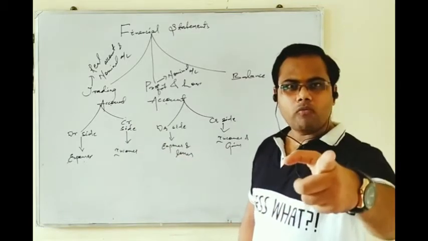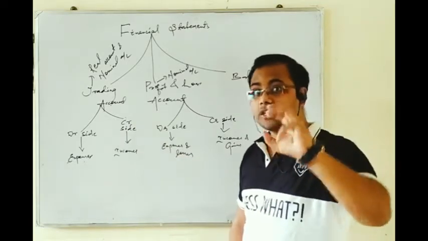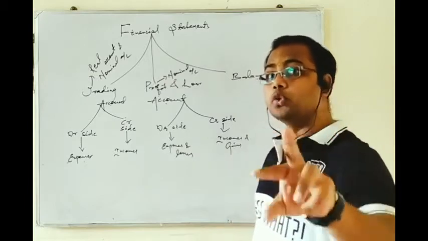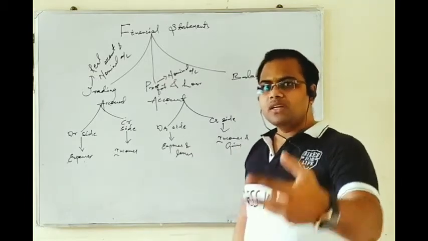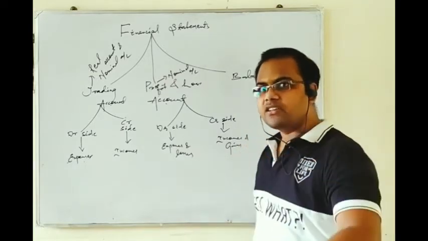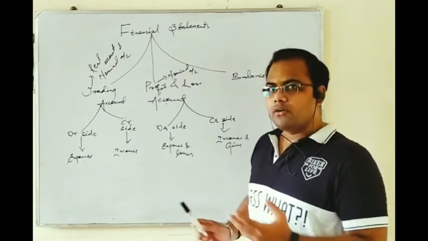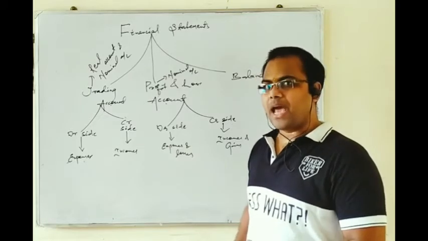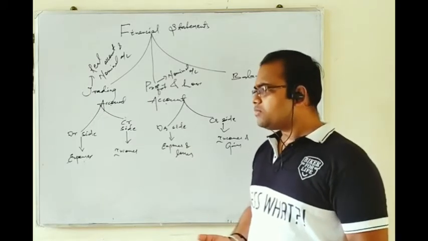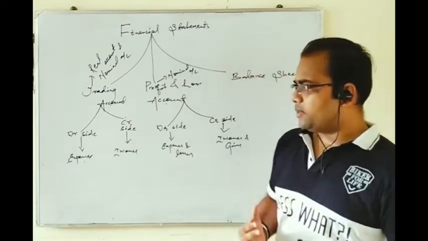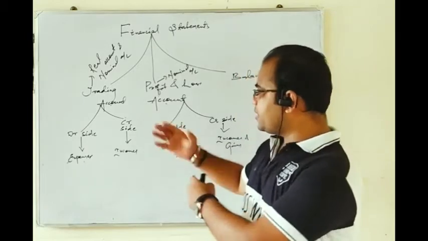Okay, recall what we have studied in revenue expenditure. Revenue expenditure are of two types. What are those two types? Direct expenses, indirect expenses. So tell me, what expenses come first, or what expenses are primary in a business enterprise? The expenses which come first, obviously that will be written in trading account.